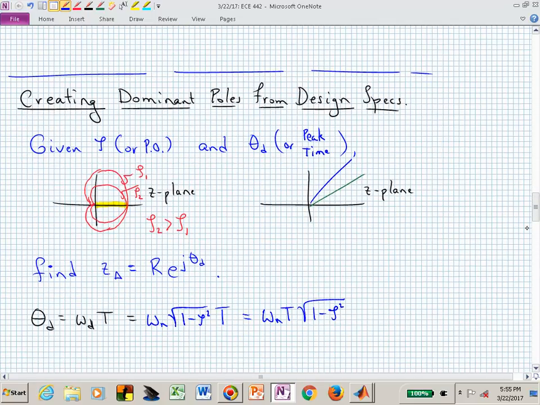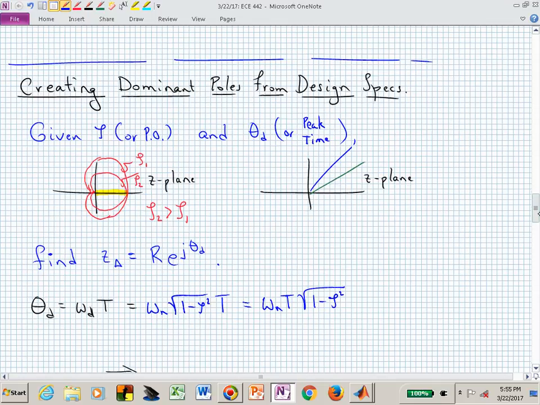We have zeta and theta sub d. We don't have omega sub n in our knowledge base or in our expression that we're trying to find for z delta, and r is related to omega sub n t and zeta.